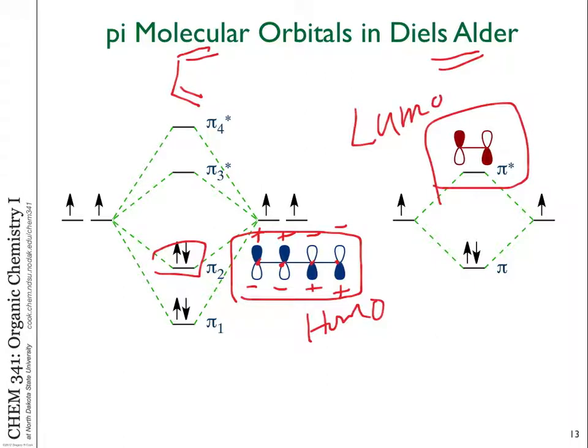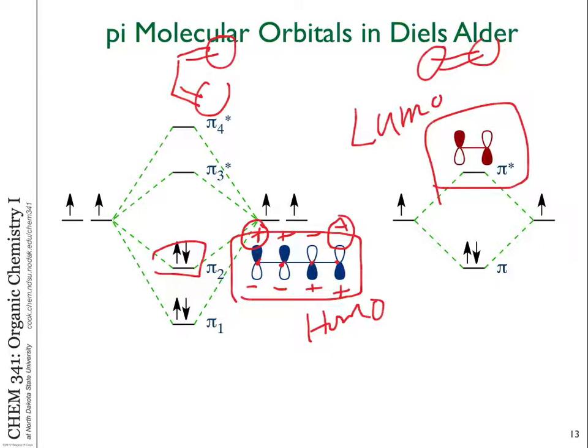And one thing I want you to notice is we're reacting on the end carbons of butadiene and the end carbons of the double bond, right? That's the carbons that are all coming together to form bonds. So here's the real crux of this. If you look at one side of this, you have a plus sign and a minus sign. They're not the same on either end of the reacting orbital for the diene.